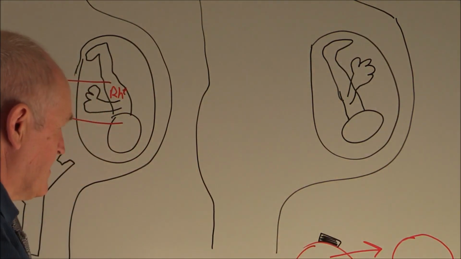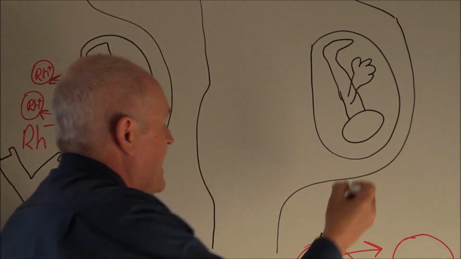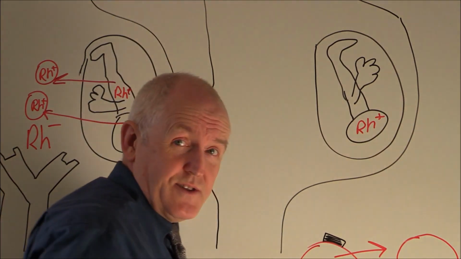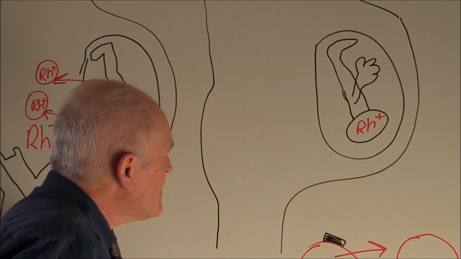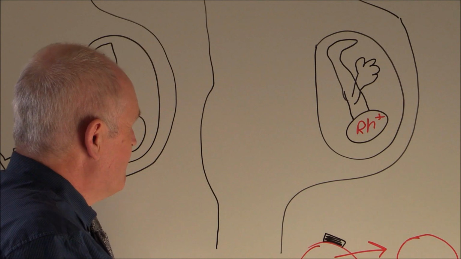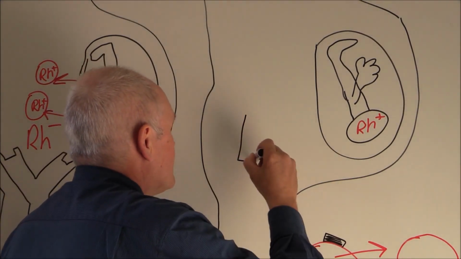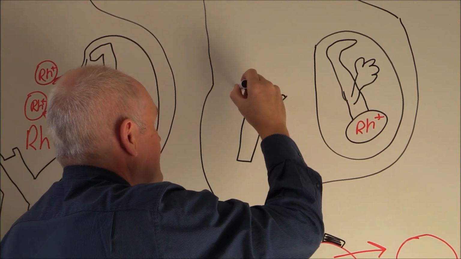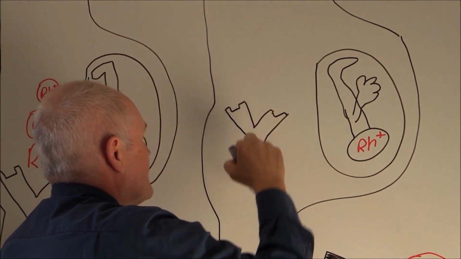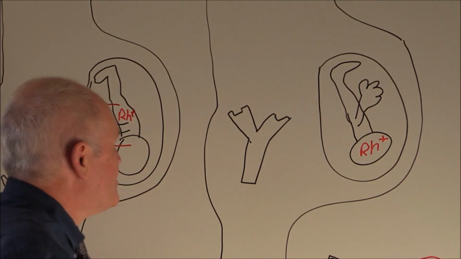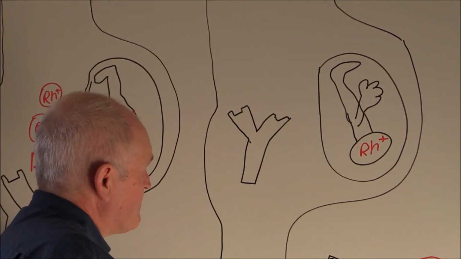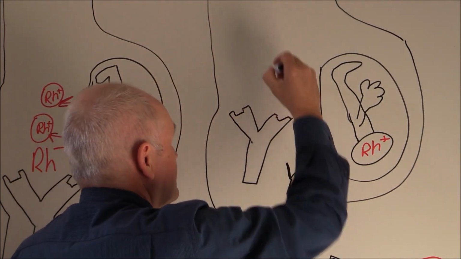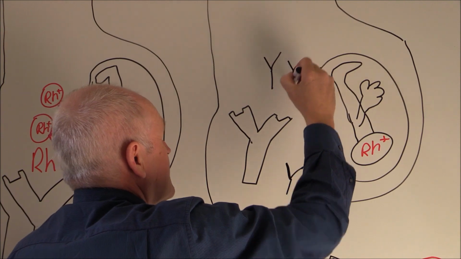And this child, again, is rhesus positive, courtesy of the father's genetics. But now the mother has these rhesus factor antibodies in her circulation. These Y-shaped IgG antibodies. And of course she has untold millions of them, if we draw them at a smaller scale.